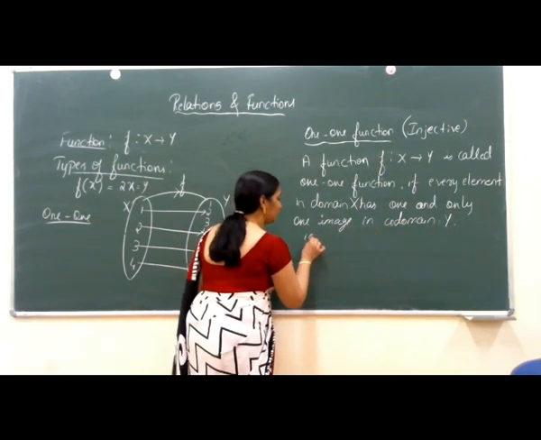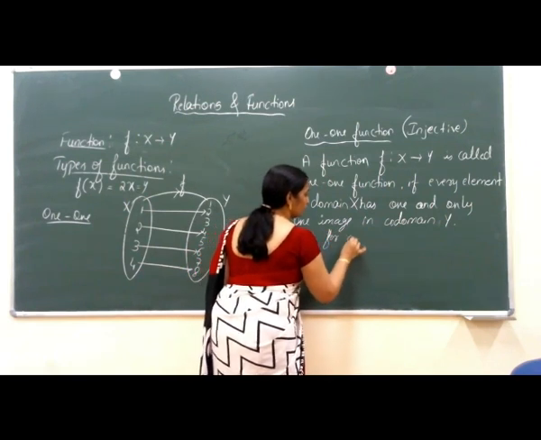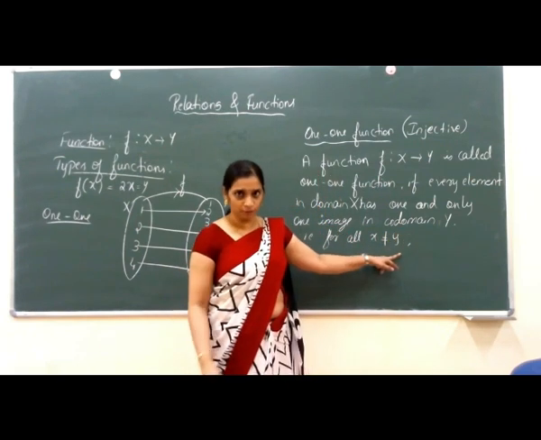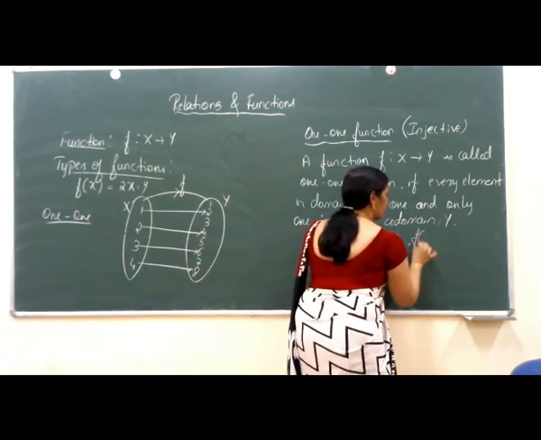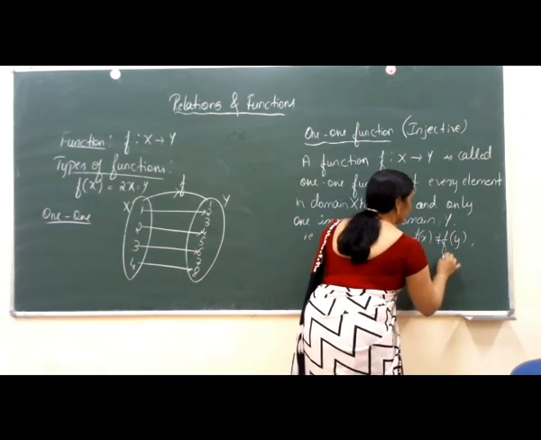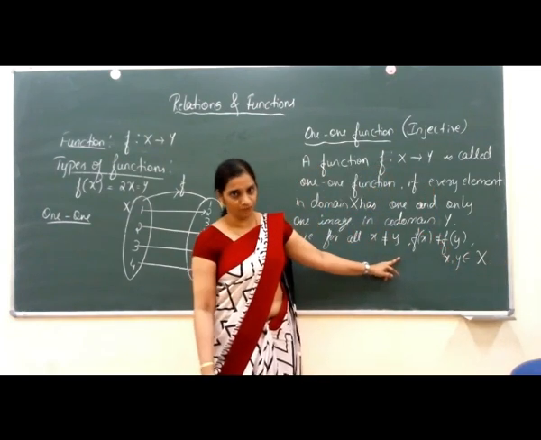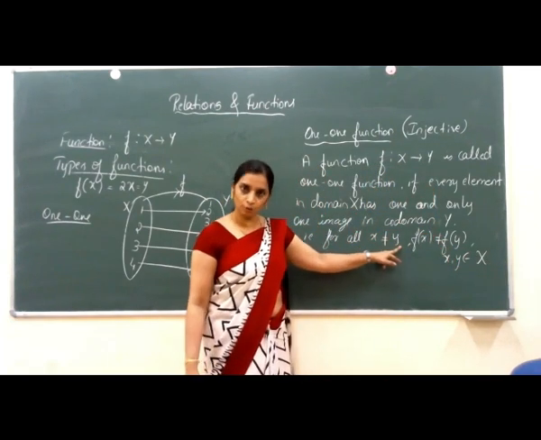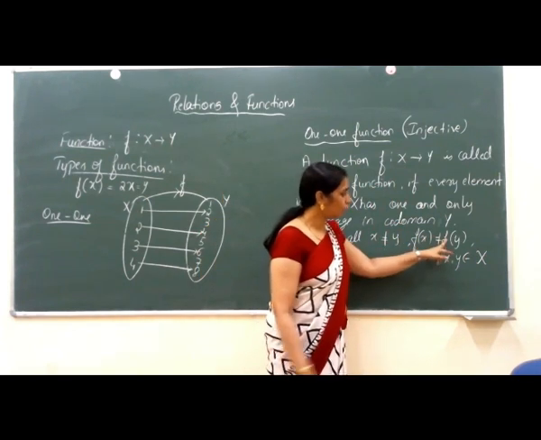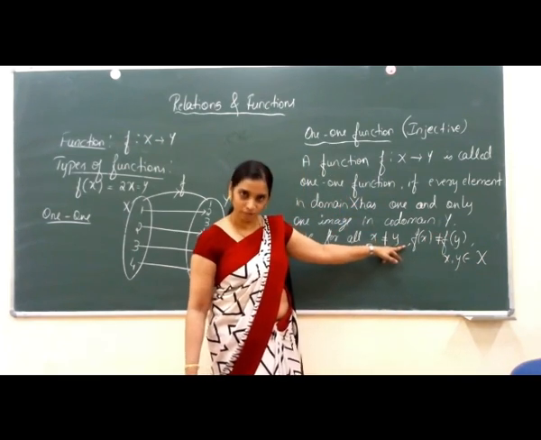That is nothing but, for all x not equal to y, f of x not equal to f of y, where x and y belong to the domain of the function. X and y are elements of the domain, and f of x is not equal to f of y if you are taking different elements in the domain.